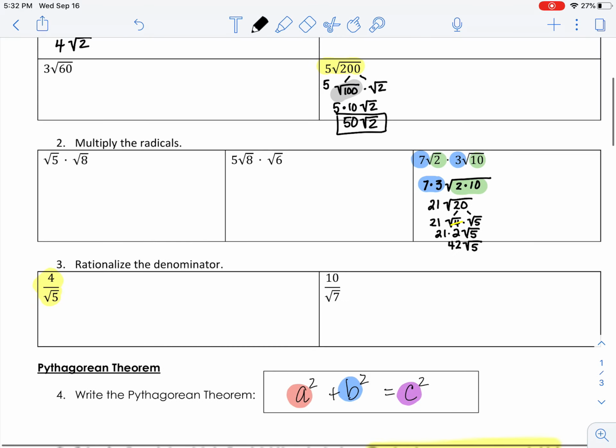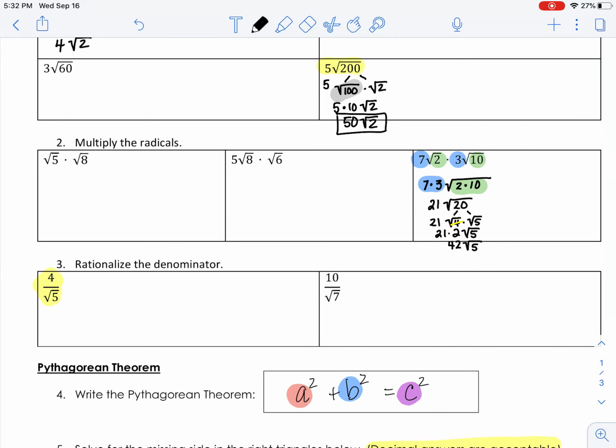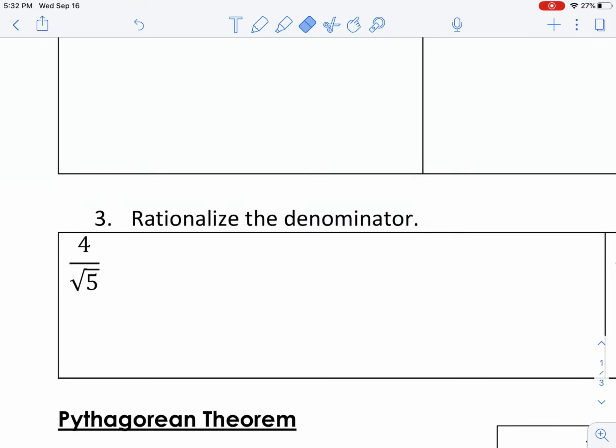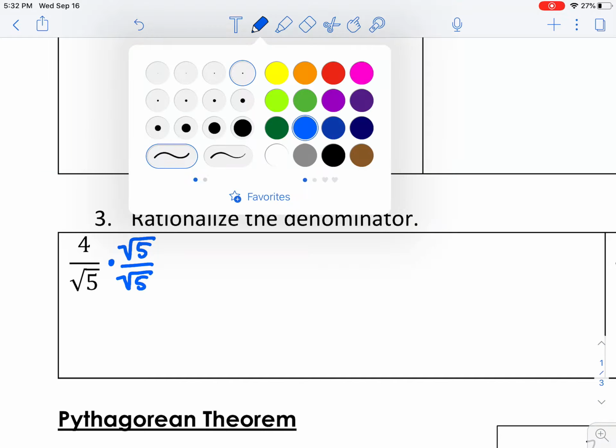Okay, the next section is rationalizing the denominator. So rationalizing the denominator is we don't want a radical in the denominator. So to get rid of that, remember we just multiply by a value of 1. That will get rid of that radical in the denominator. So in this case, it's going to be square root of 5 over square root of 5.